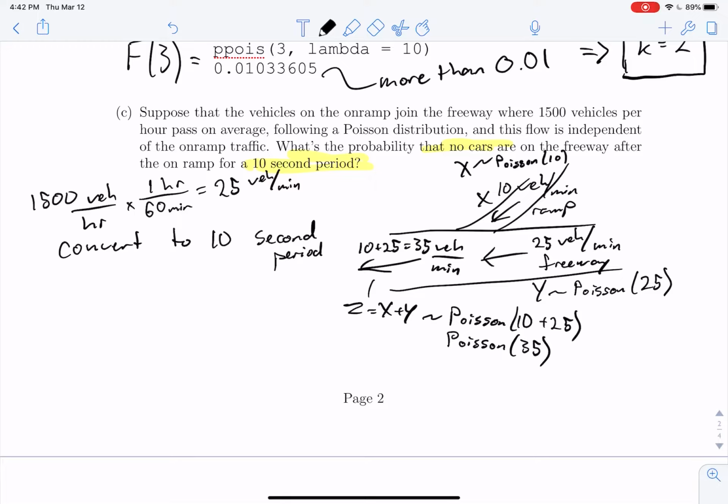Okay, so we have 35 vehicles in 1 minute times 6, since in 1 minute there are 6 10-second periods.